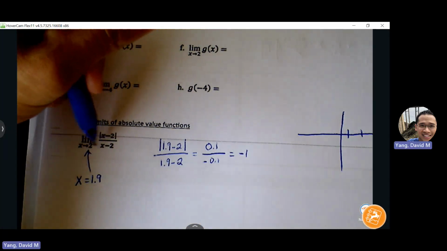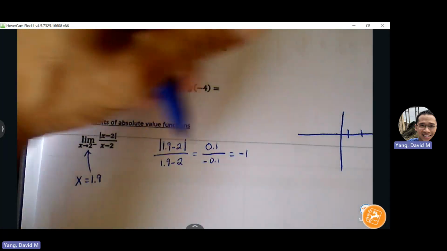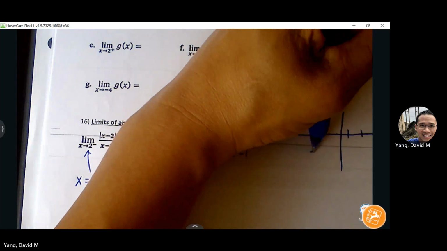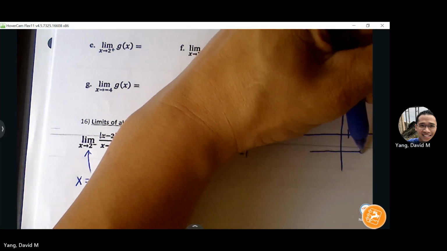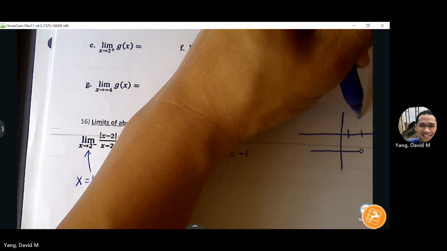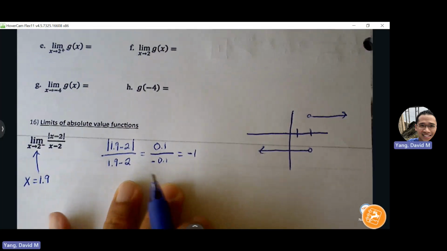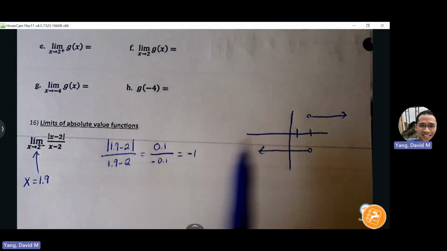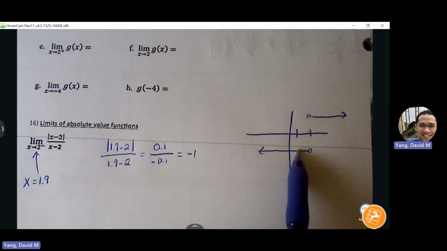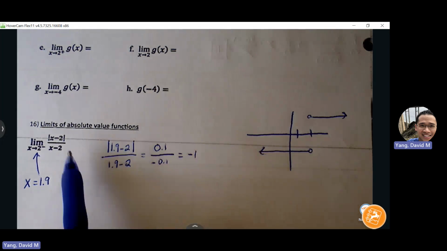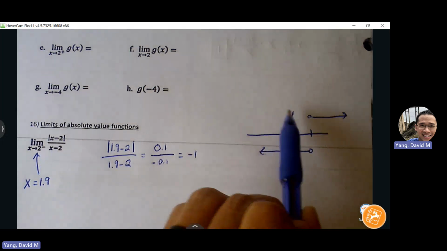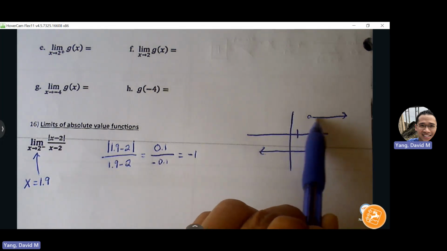The approach is 2 from the left. As we approach 2 from the left side of 2, it's going to hold steady at -1. But as soon as it moves to the right of 2, it's going to jump up to this y value of 1.